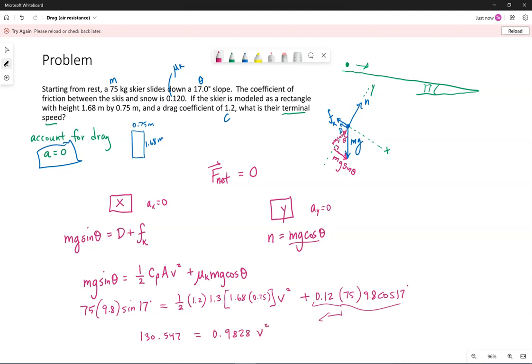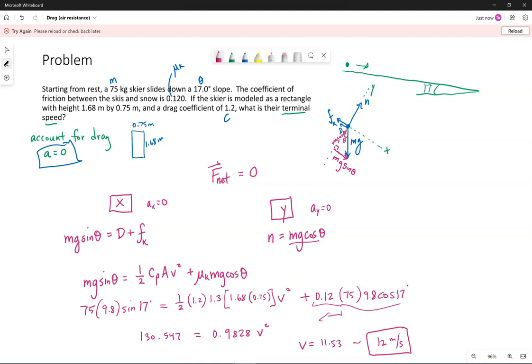So dividing by the 0.9828 and taking the square root, I will get to my terminal speed. So let's see, we have two significant figures. So approximately 12 meters per second.